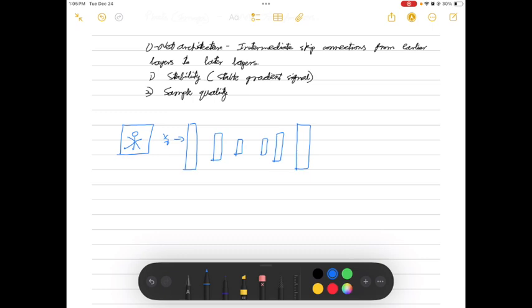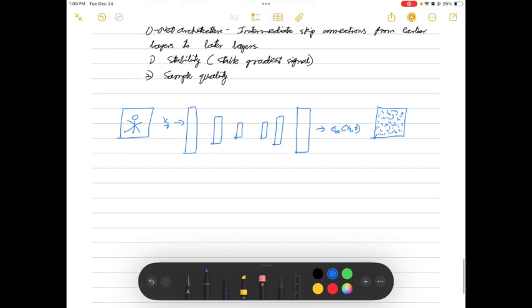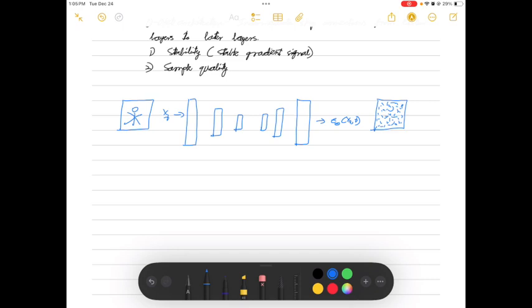And the output is the predicted noise parameterized by theta, epsilon theta of xt, time step t. And we also have the time step, which is fed as input to the model.